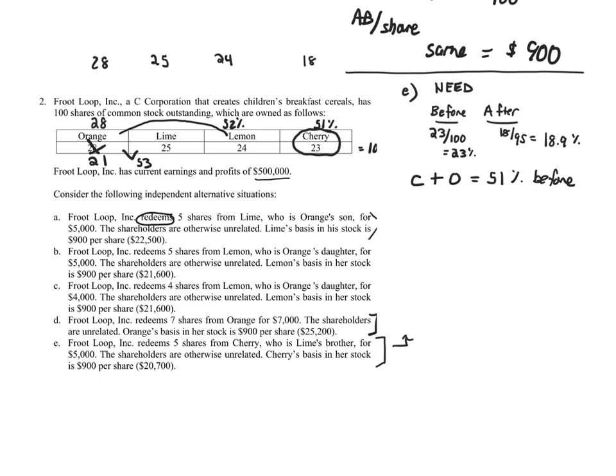So that was before, C plus O. C plus O after: 18 plus 28 is what? 46. 46 divided by 95 is how much? 48.4%.